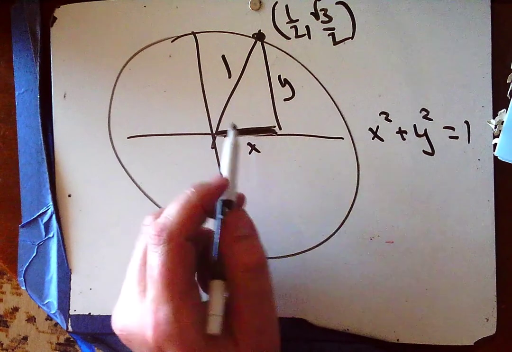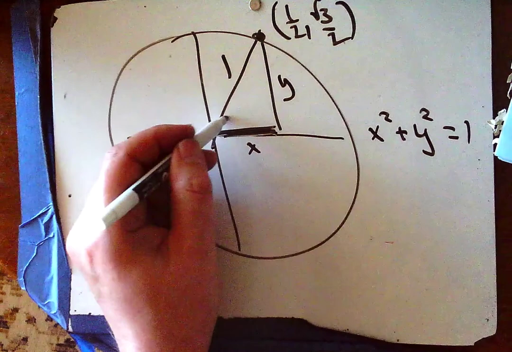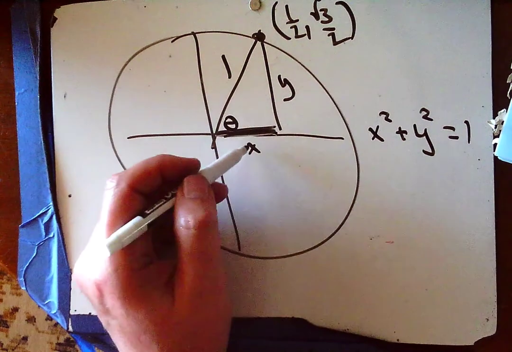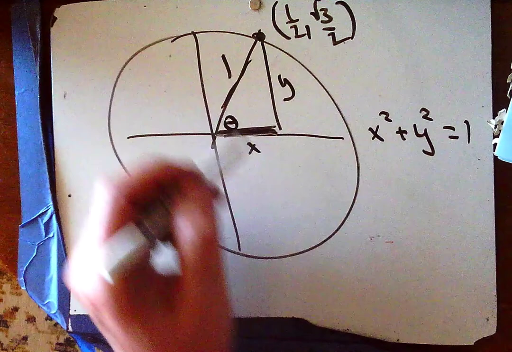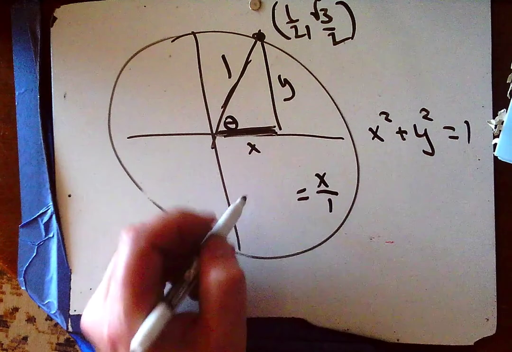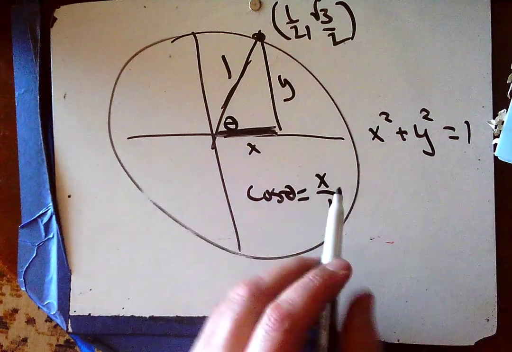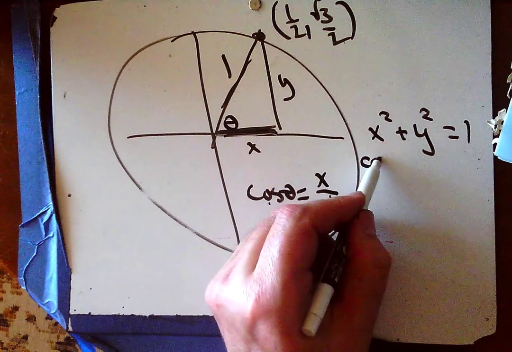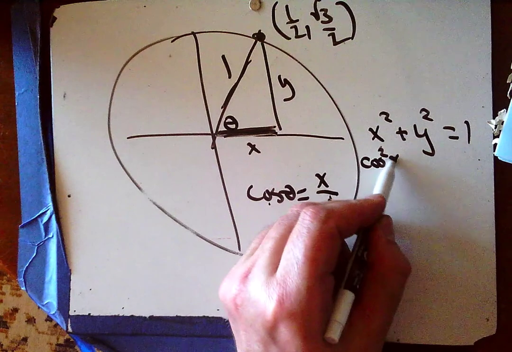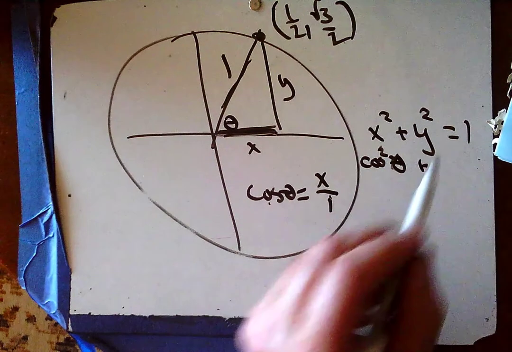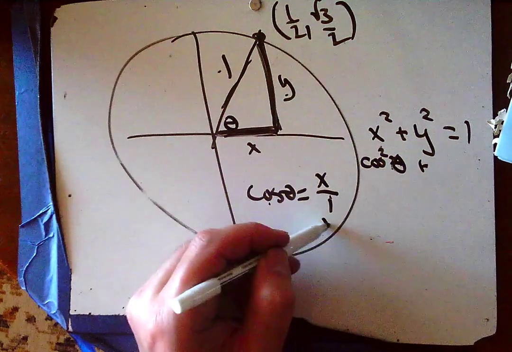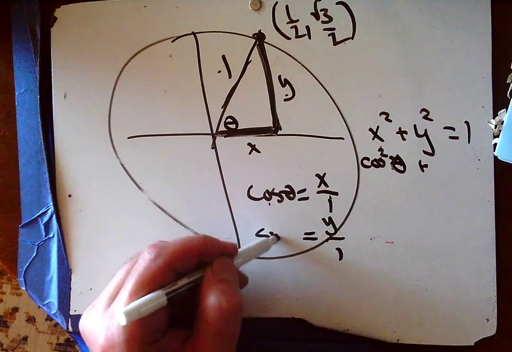what's x represent with respect to theta? Well, when I think about my trig functions, adjacent over hypotenuse would be cosine. So I can replace x's with cosine thetas. And then what about y? Well, opposite over hypotenuse is sine.